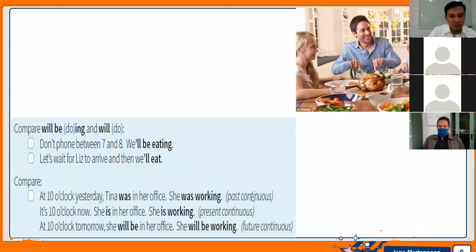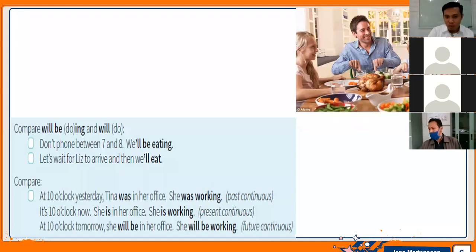This is called past continuous tense. And it's 10 o'clock now. She is in her office and she is working. This is called present continuous tense. At 10 o'clock tomorrow, she will be in her office. And then what will she be doing? She will be working. This is future continuous tense.